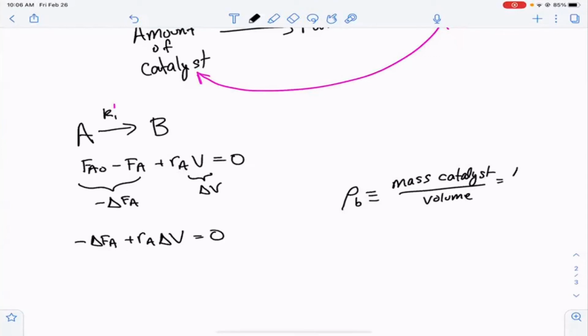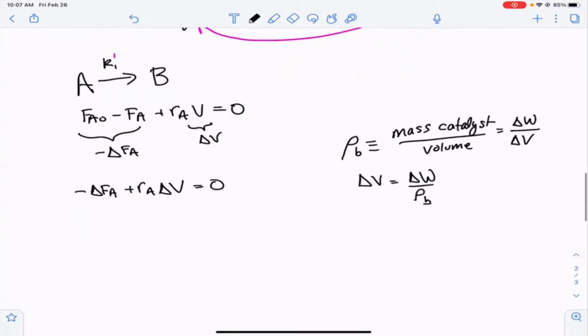And we're going to say that's equal to delta W over delta V. Or delta V equals delta W over rho B.